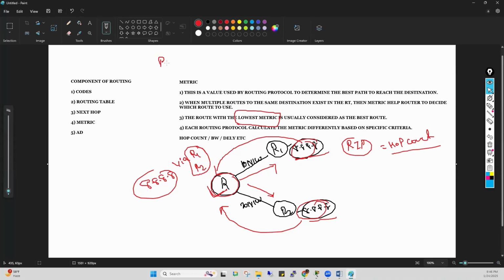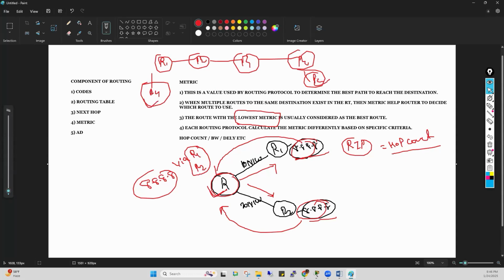For example, there is router 1, router 2, router 3, router 4, and here is PC number 2, and here is PC number 1. If you want to ping from here to here, your packet will pass through these routers. There are 4 routers, so hop count is 4. Getting my point? Yes or no? That is called hop count.